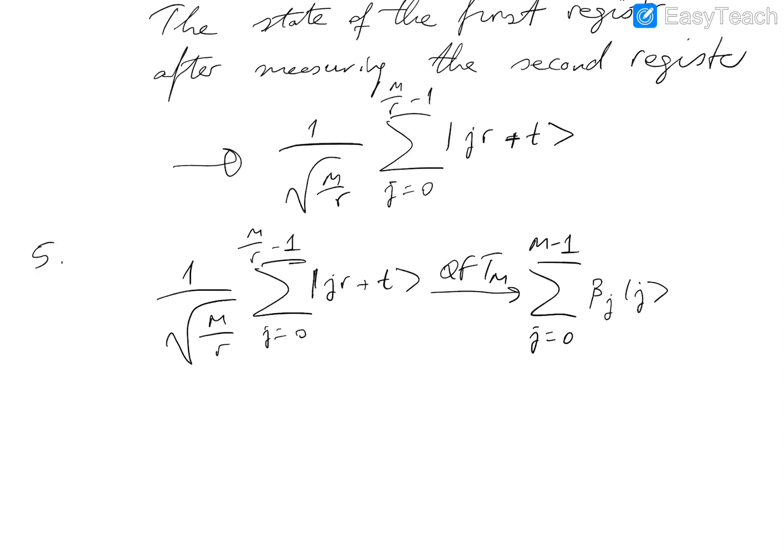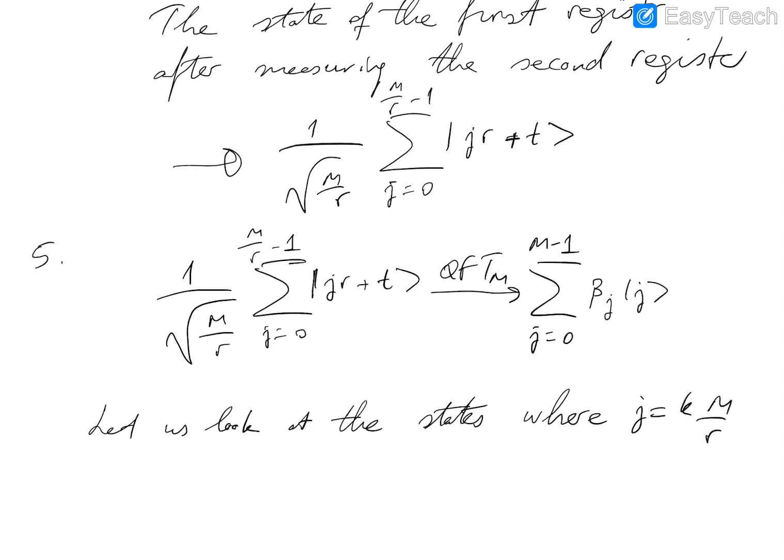Particularly, let's examine when j is a multiple of m over r. Okay, so let's look at the states where j equals some multiple of m over r.